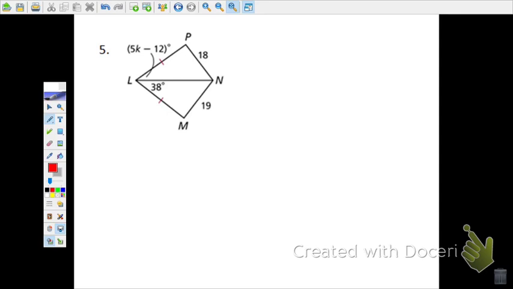So first of all, do I have 2 pairs of sides that are congruent? Yes, because again, I've got that shared side, which is congruent to itself, and they've given me the third side. The piece I need to work with has the variable, so it's that 5k minus 12.